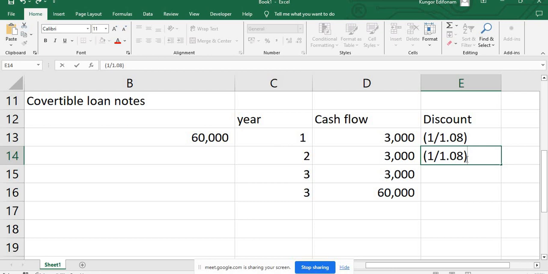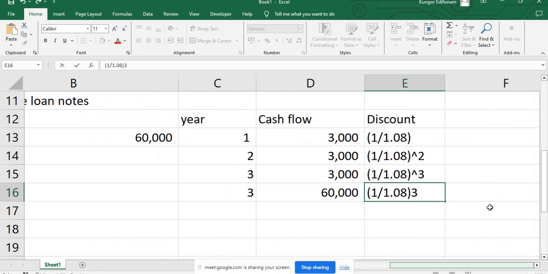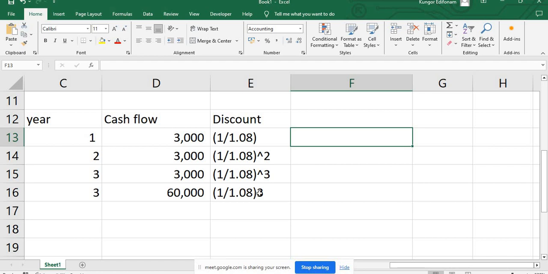And then year 3 will give us 1 over 1.08 raised to the power 3. And then year 3 will have the same, since both the coupon and the face value will be the same. So we will have into bracket 1 over 1.08 raised to the power 3. Is that okay?